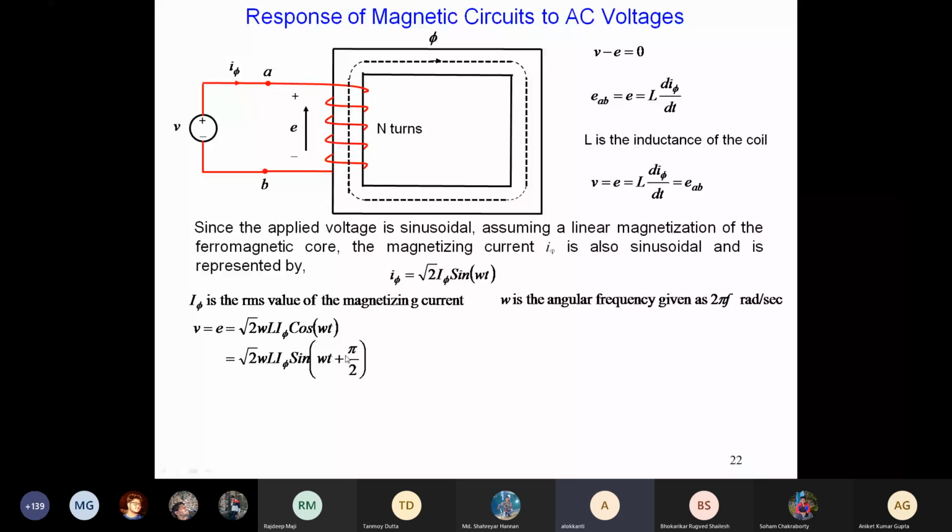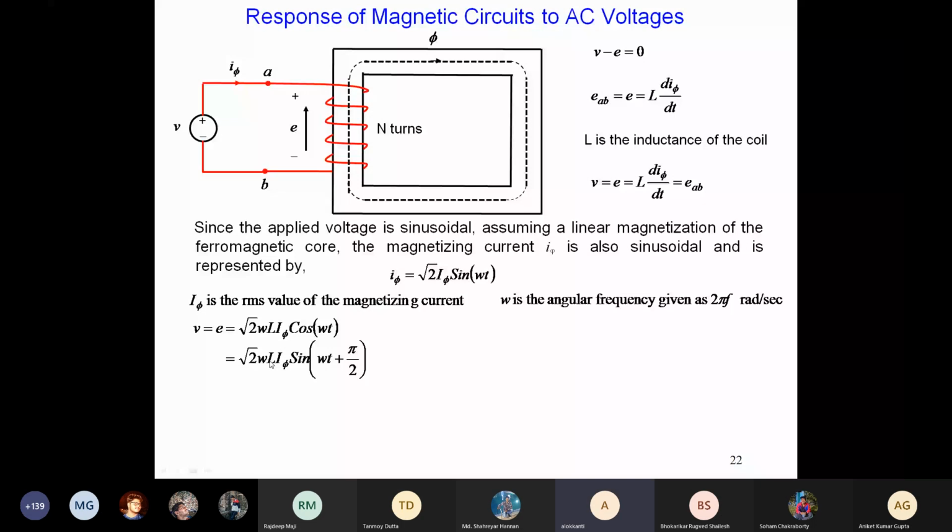So why are we doing all this? Because ultimately we want to convert it to the same trigonometrical quantity, because ultimately we will use phasors and find the phase difference. Because this is AC, everywhere we have phasors. So I phi is root 2 capital I phi sine omega t, and V is root 2 omega L I phi sine of omega t plus pi by 2.